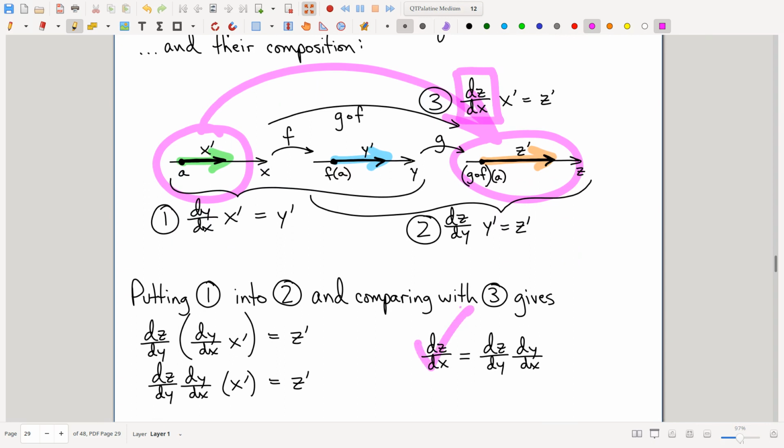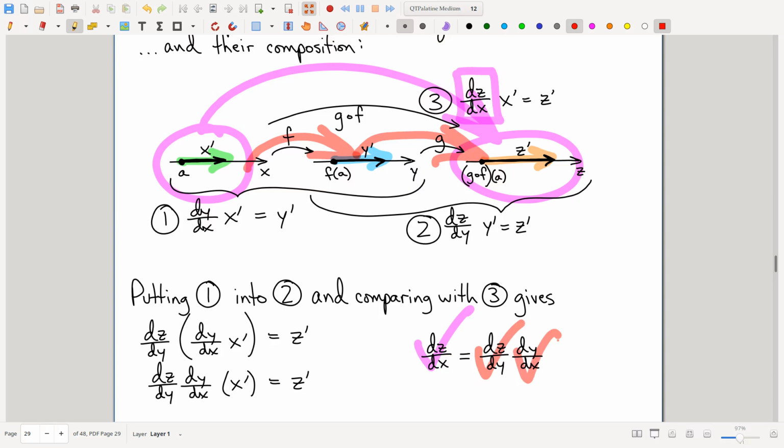But it's also the product of these individual factors that you in succession could have used to compute z prime. So it's the product of dy dx times dz dy. So let's see here. I'm going to highlight like that. So lo and behold, chain rule pops out.